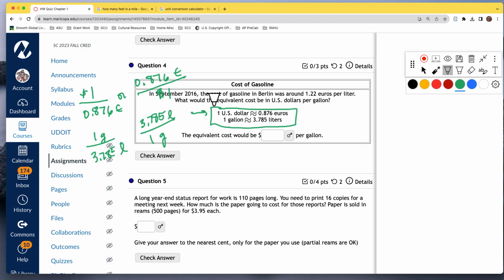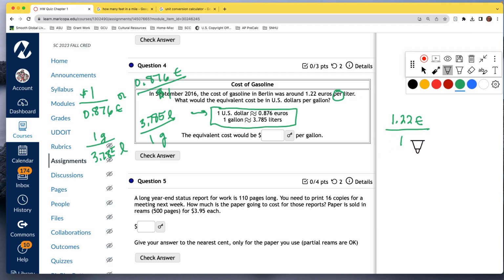So we read up here, and what we're given is that the cost, in 2016, the cost of gasoline in Berlin was around 1.22 euros per liter. And again, what does the word per mean? Divide. So that means we have a fraction of 1.22 euros per, or divided by 1 liter.